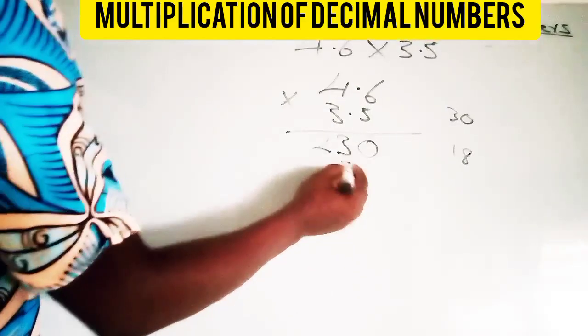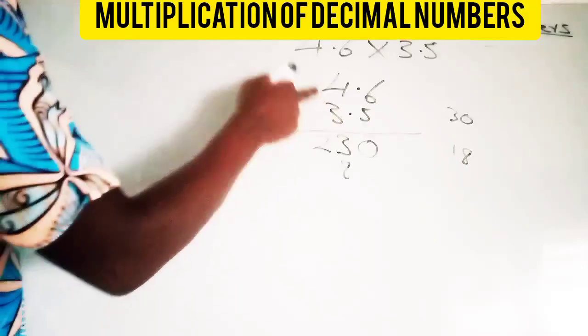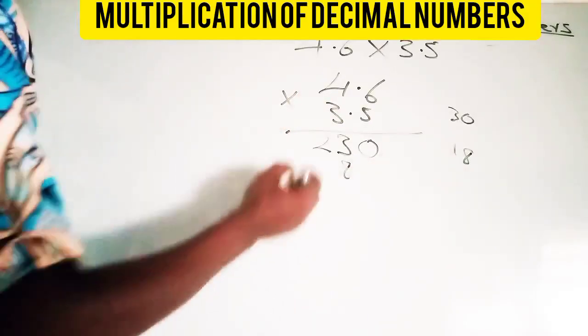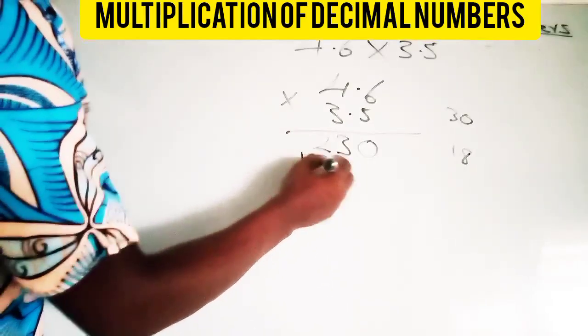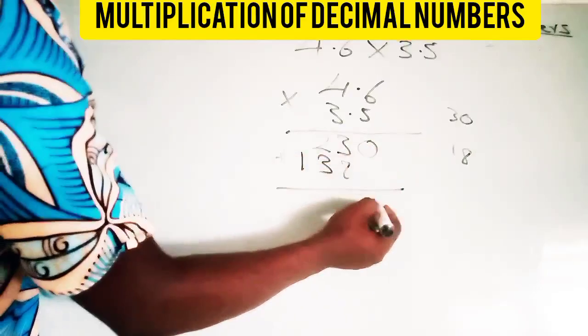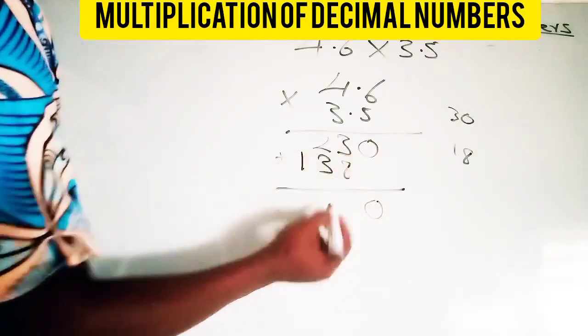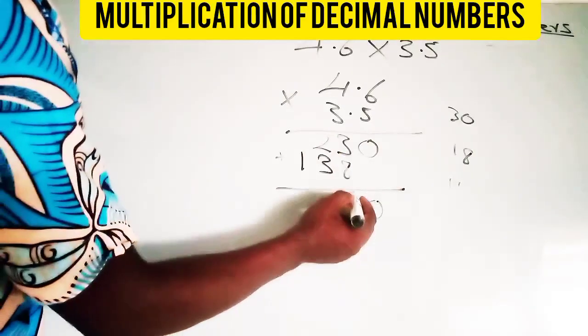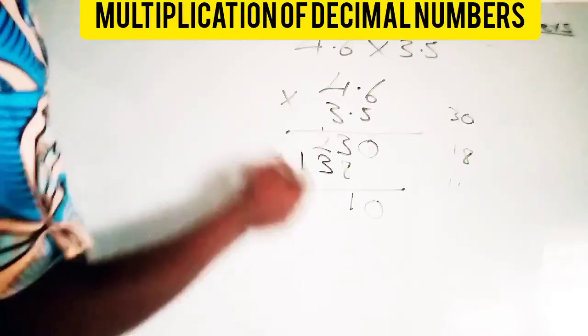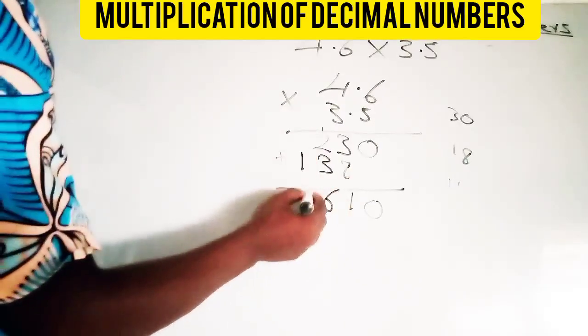You write the 8, carry 1. 3 times 4 will give us 12 plus this 1, making it 13. We now add this column. You have 0 here. This and this will give you 11. So you write 1, carry 1 here. This plus this is 5 plus the 1, 6, and then you repeat your 1.